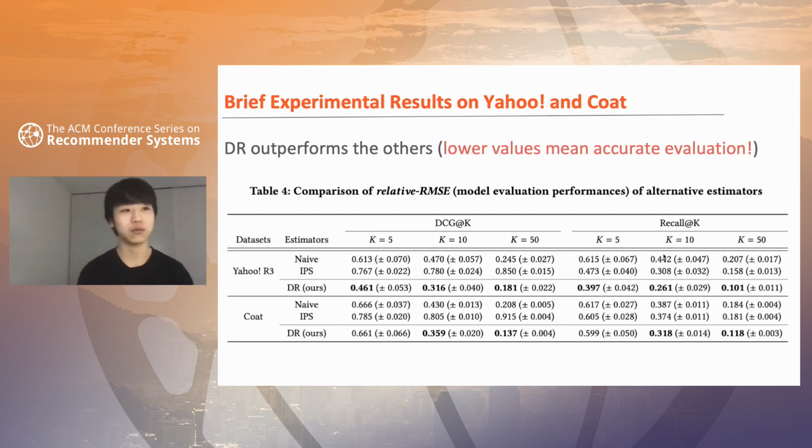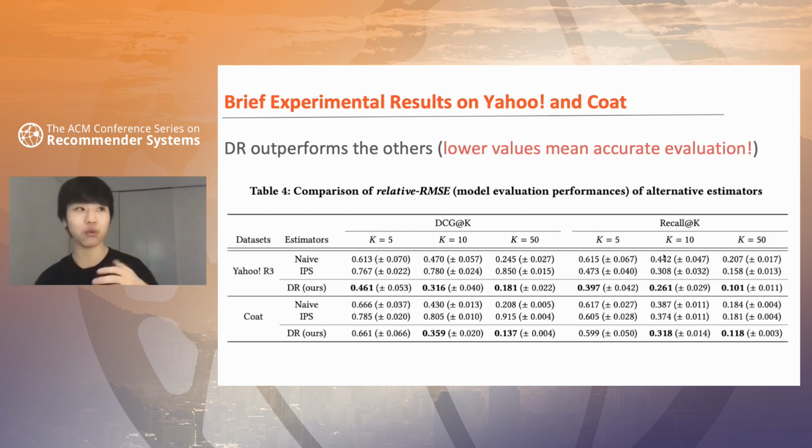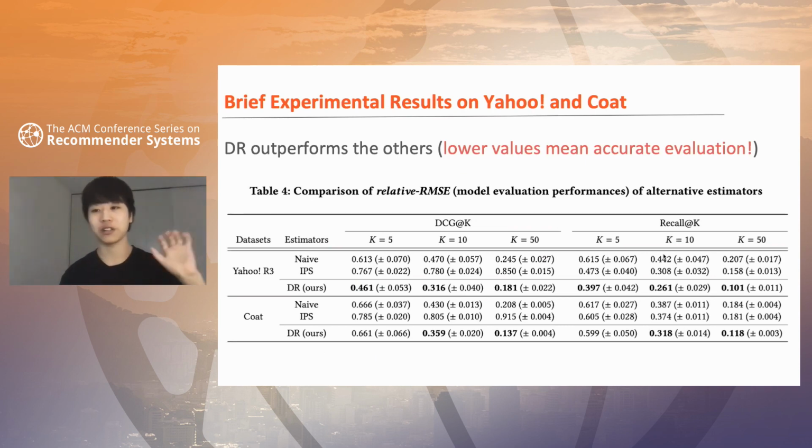So the doubly robust estimator always outperforms the other estimators in the evaluation task. The ground truth ranking performance is now DCG or recall. So this result means that we can do accurate offline model selection and offline model evaluation of the ranking performance of our recommenders by using our proposed doubly robust estimation.